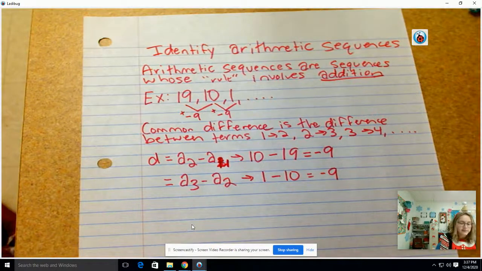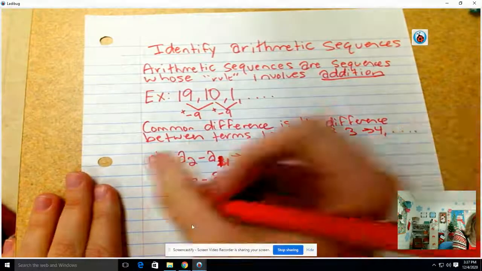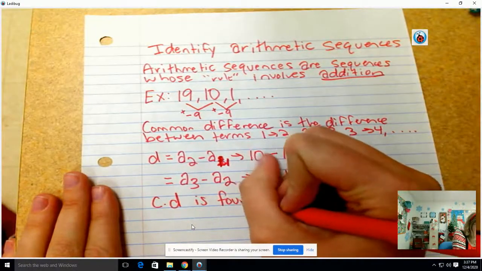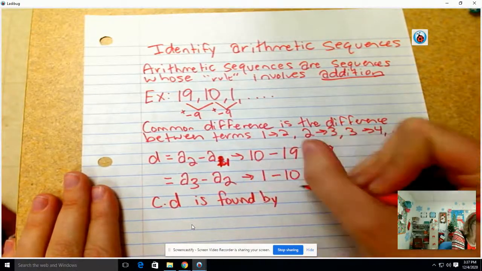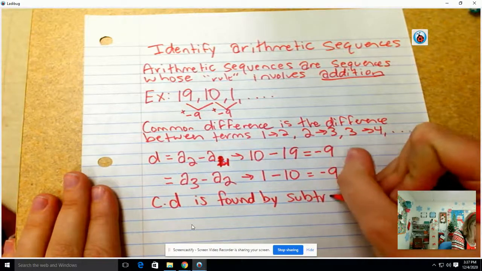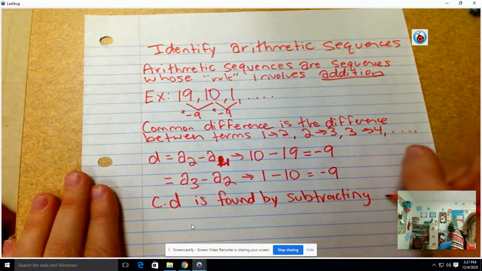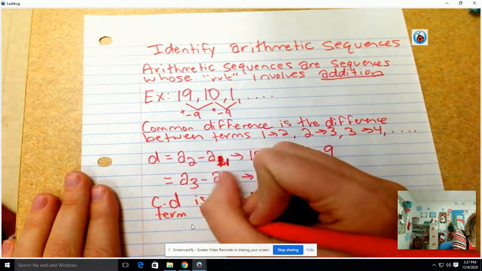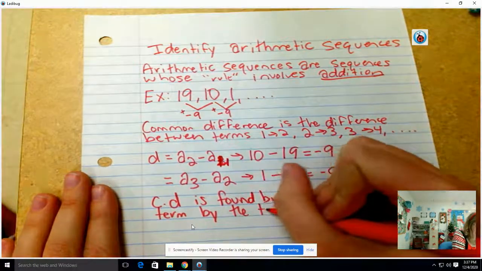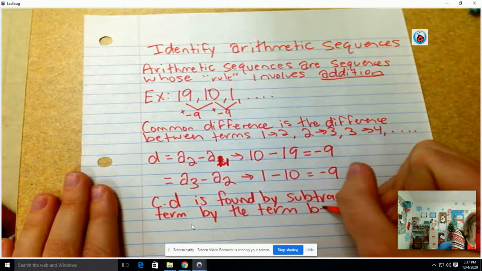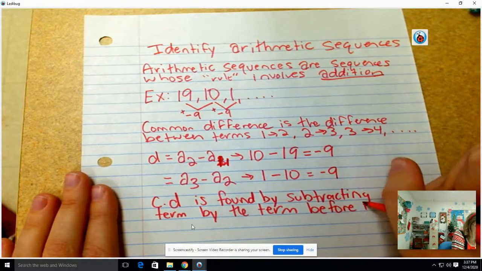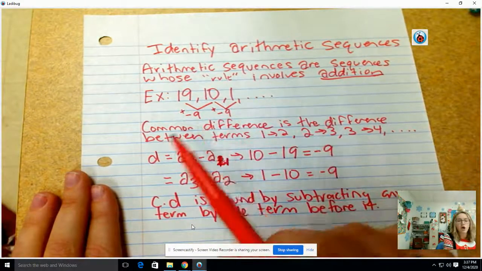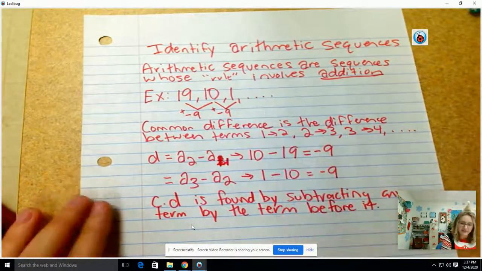So the common difference, which I'm going to abbreviate CD, is found by subtracting any term by the term before it. So no matter how many terms you go down the sequence, they're all going to have the same common difference of negative 9.